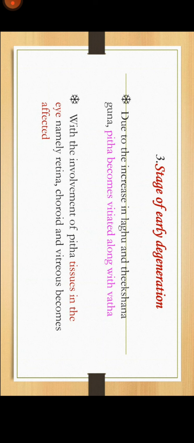Already Vata predominance is there. With the involvement of Pitta, tissues in the eye, namely retina, choroid and vitreous become affected.